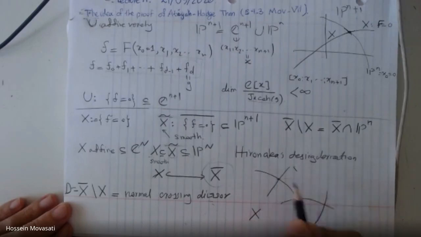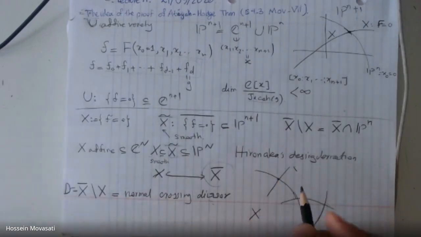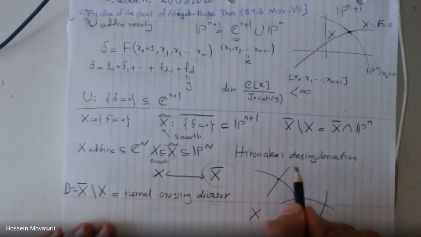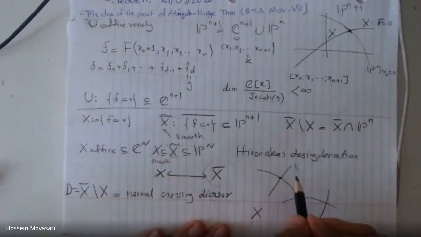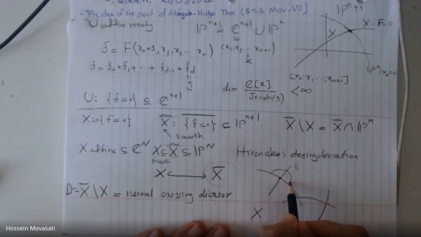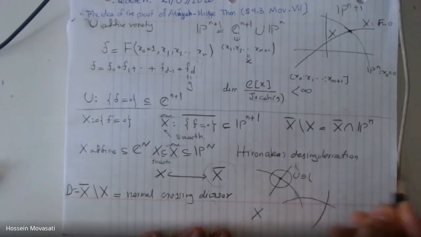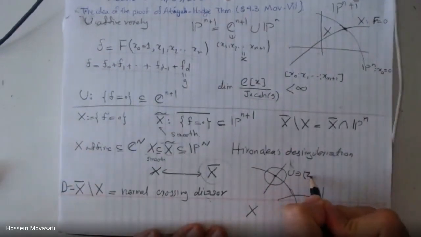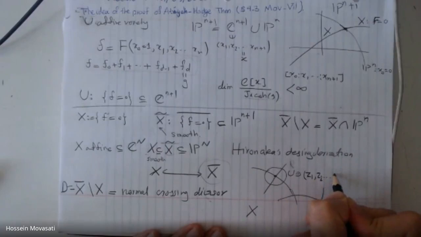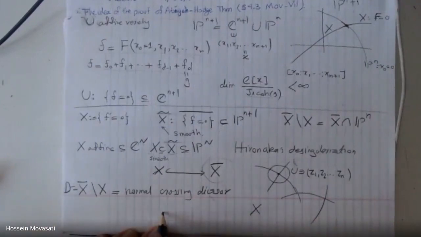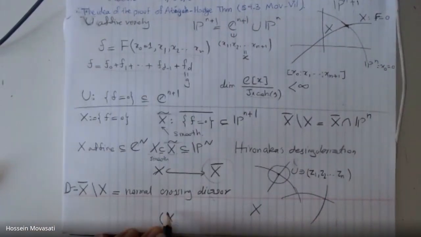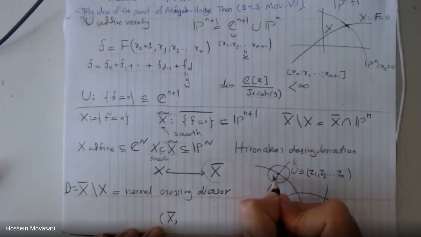So at each point of the desingularization, if I take charts U with holomorphic coordinate system z1, z2, ..., zn, then we will have what? Let's say X bar tilde near this point.